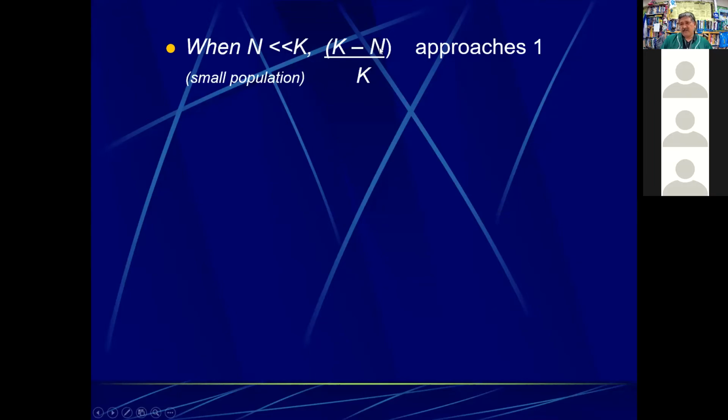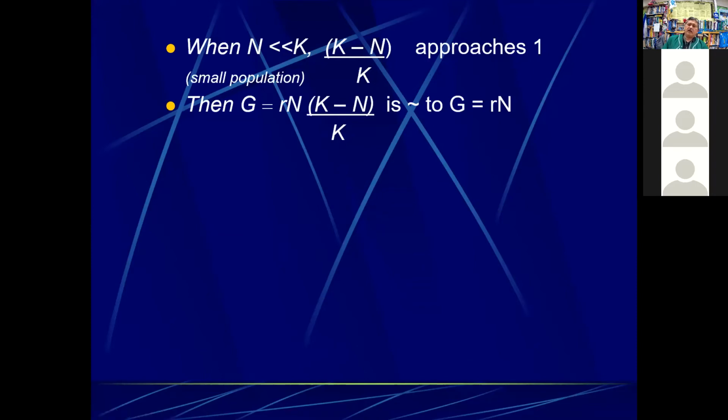Okay, 5 fish is your actual N, 1,000 is K. So this would be 995 divided by K, which is 1,000, which is a number that is very close to mathematically 1. So when N is really small compared to K, this approaches 1. Now mathematically, when you multiply any number times 1, you get that number.